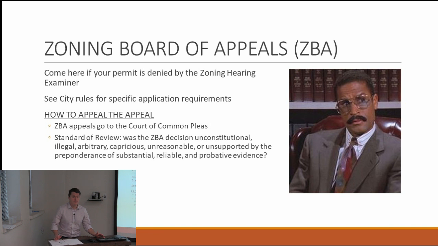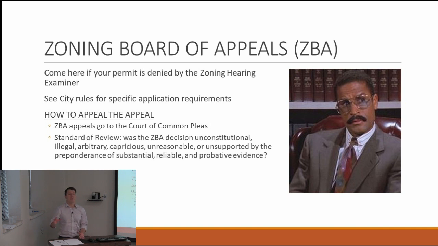What if you get denied? You can appeal that decision to the Zoning Board of Appeals. There's going to be another set of application requirements. You're going to go up and say, I think it was unfair that the zoning hearing examiner denied me. The Zoning Board of Appeals will consider all this. The standard of review, though, is fairly difficult.